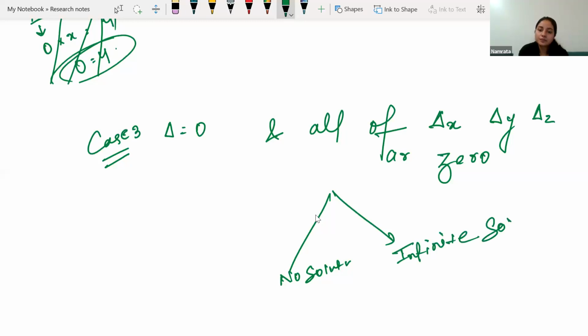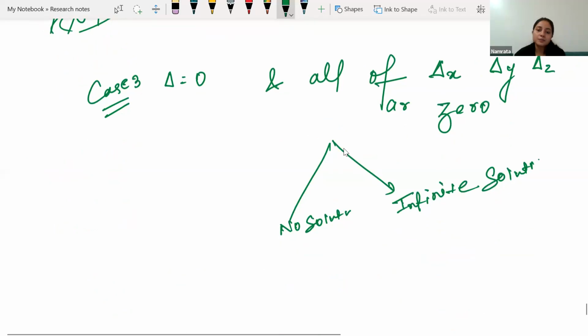Okay, so these are the three cases which we are having in hand. How will we differentiate whether there is no solution or infinite solution if delta is 0?